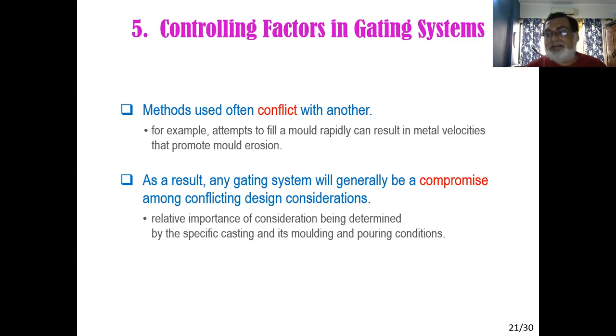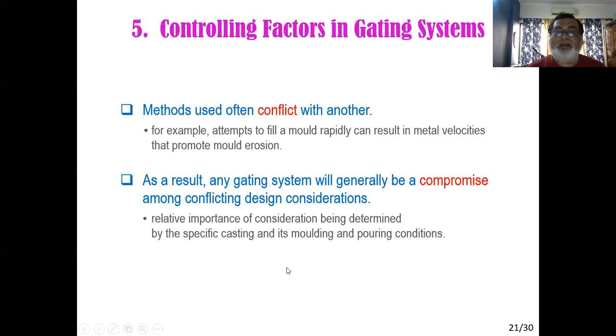If the supplier or the buyer can tolerate a certain degree of defects, we will design accordingly. As a result, any gating system will generally be a compromise among the conflicting design requirements, the relative importance of considerations being determined by the specific casting and its molding and pouring conditions. So, based on the requirement, we will use a particular system.